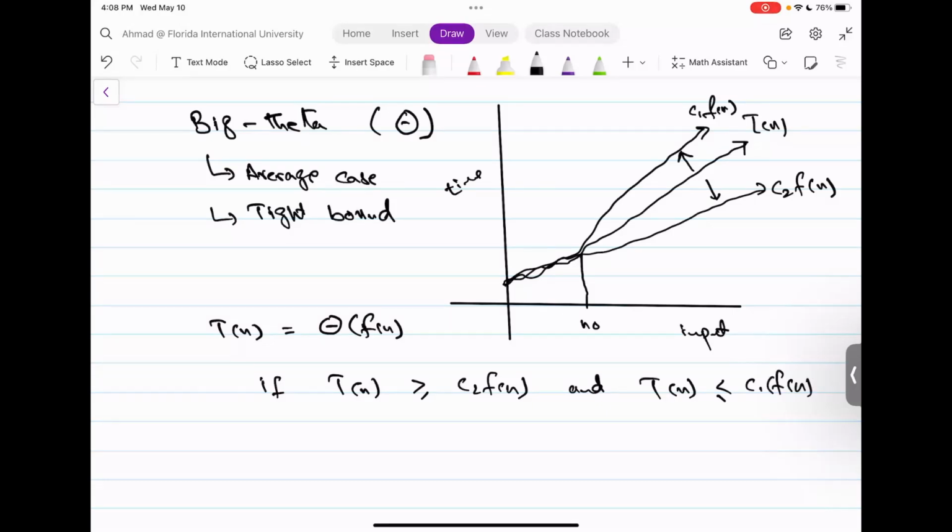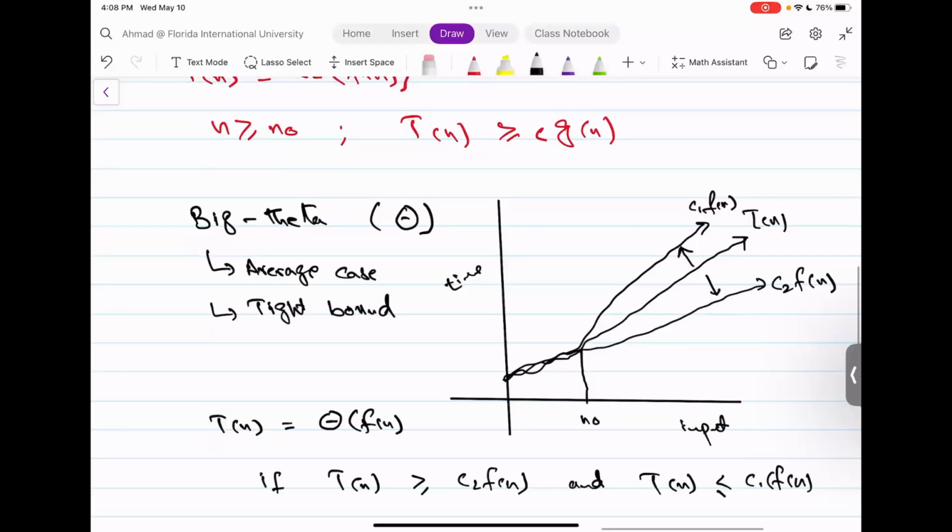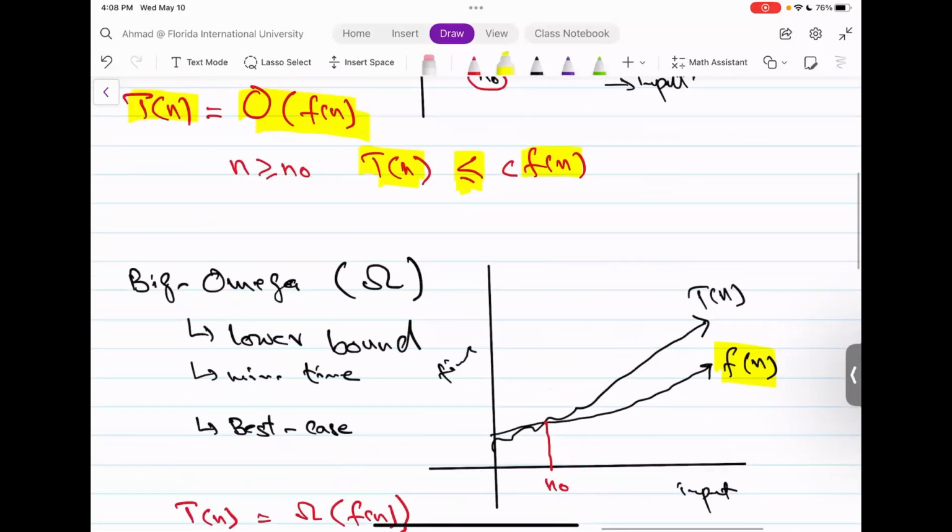In that case, this is the tight bound between these two boundaries, and we call it the big theta.